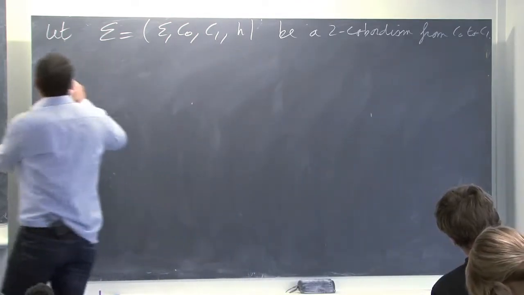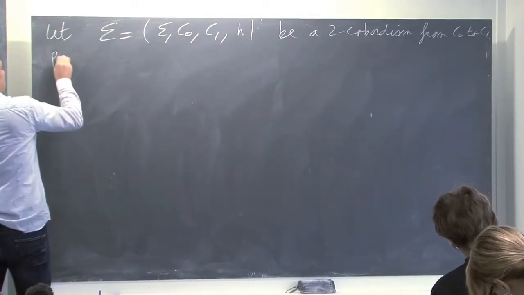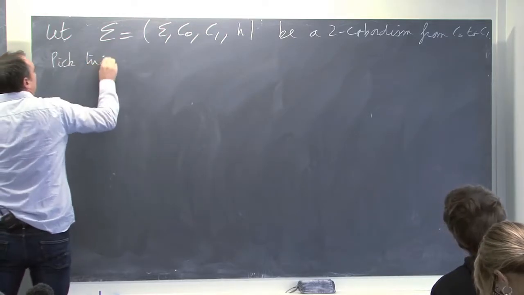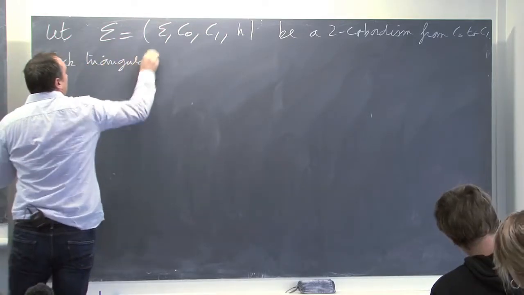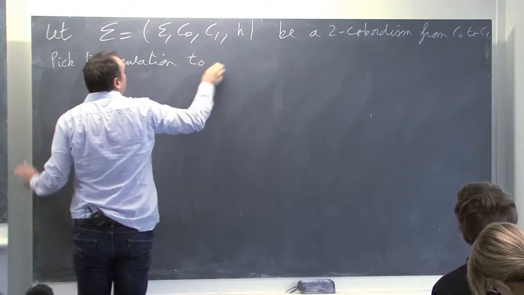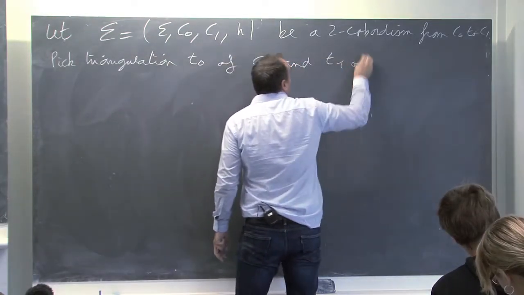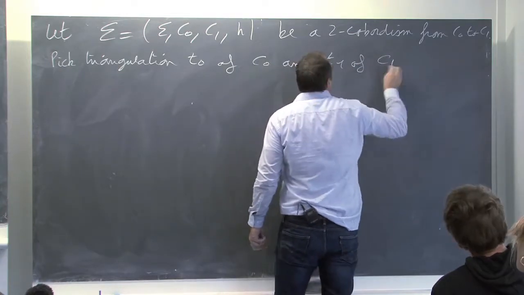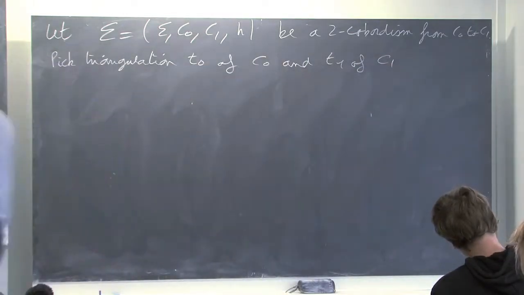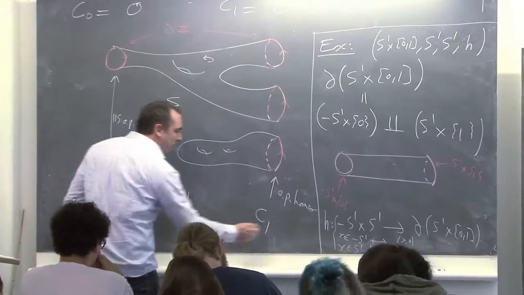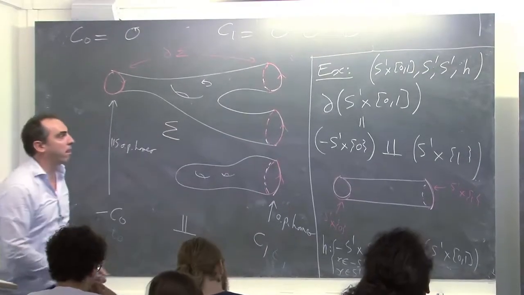So pick a triangulation T0 of C0 and T1 of C1. So here we have a triangulation T0 of the incoming C0 and T1 of C1.